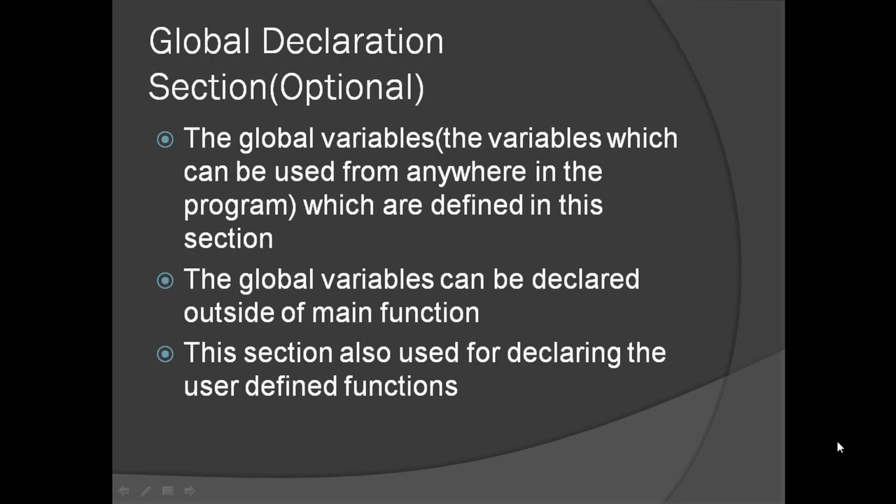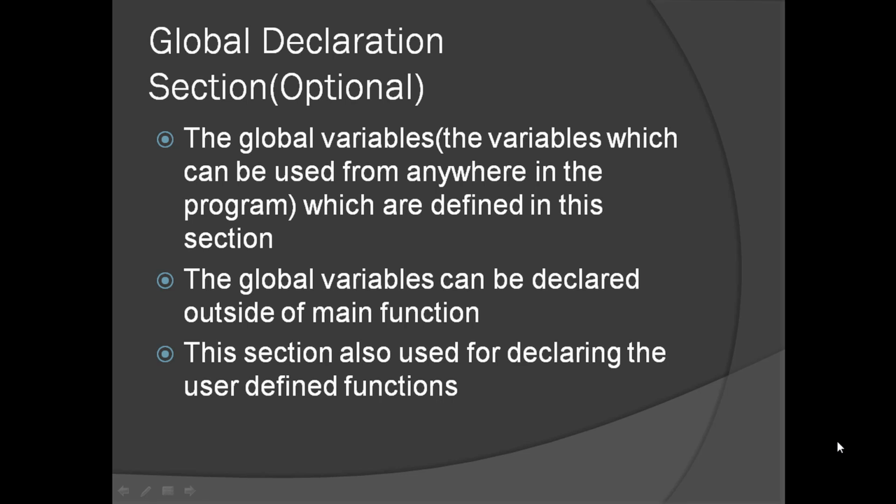The next section is the global declaration section. It is optional. In this section, we declare some variables. These variables can be accessed from anywhere in the program. Usually global variables are declared outside of functions so that we can access them in the file from anywhere.